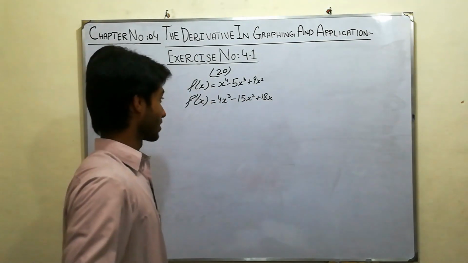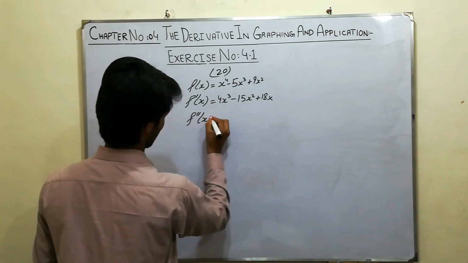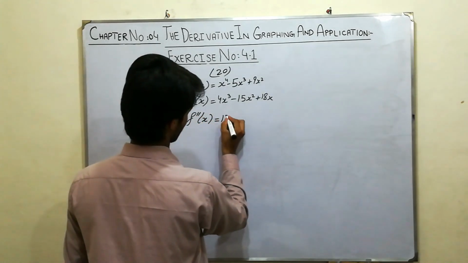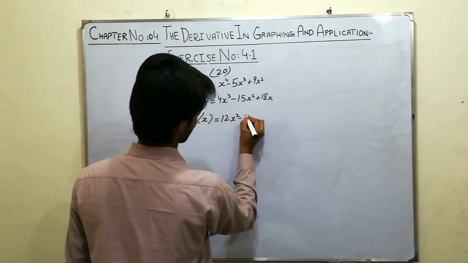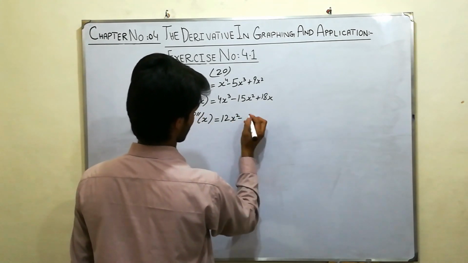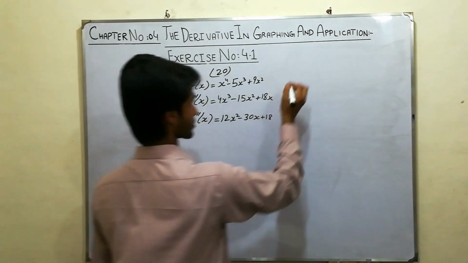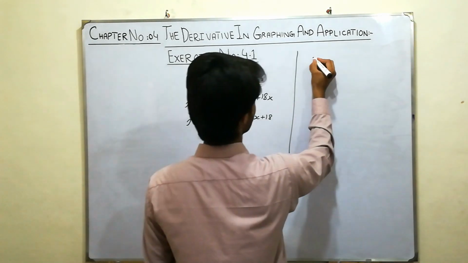For concave up and concave down, take the double derivative. Put the double derivative equal to 0 to find the points of x.